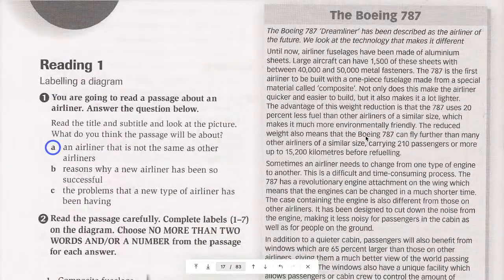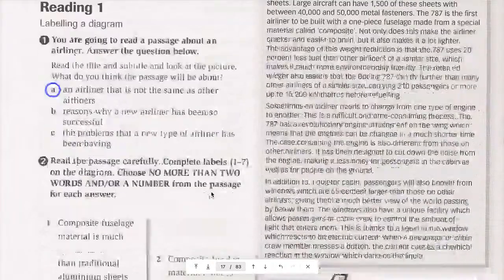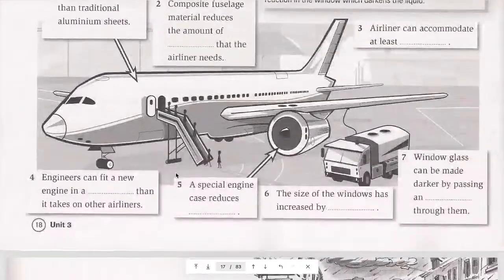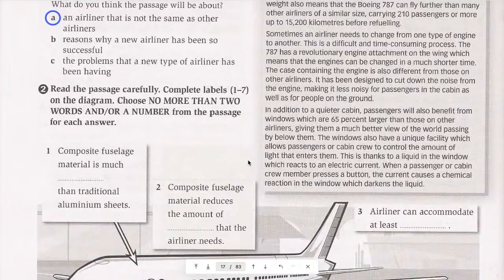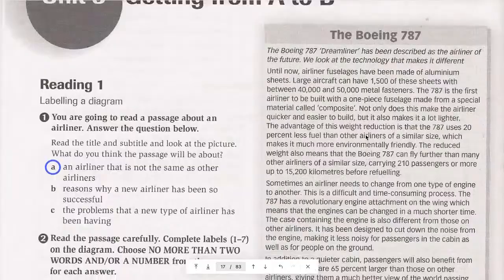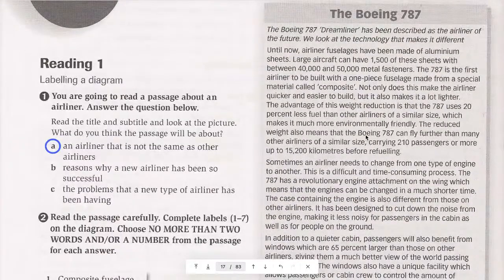You need to read this one carefully. Complete labels 1 to 7. Here, down here, right? On the diagram, choose no more than 2 words and or a number from the passage for each answer. Okay? Now read that carefully and do that.